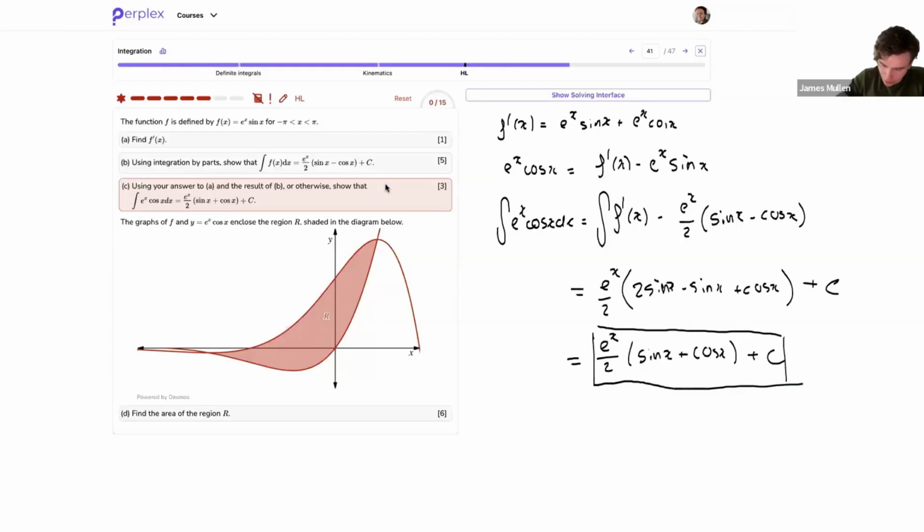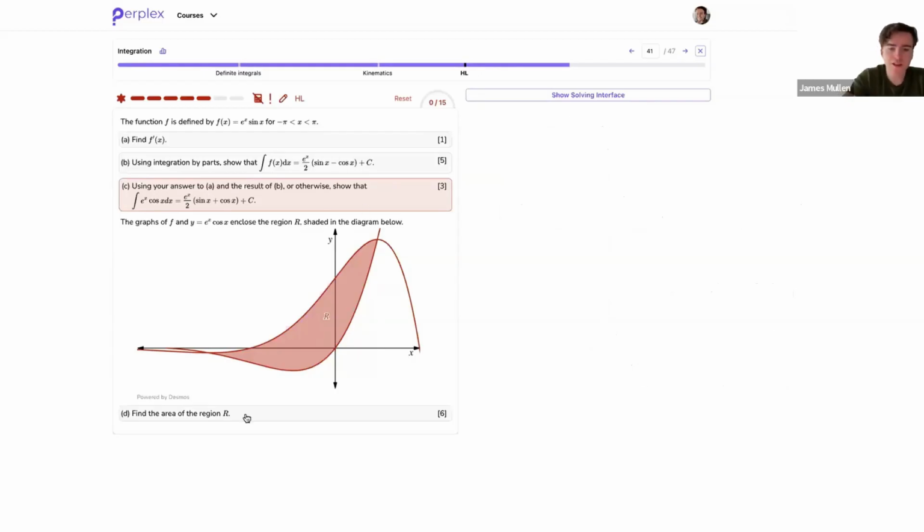Now, using all those results that we found, we're going to answer part D, which is to find the area of the region R enclosed between the function f of x and the line y is equal to e to the x cos of x. So let's first find the intersections. And e to the x sin of x, the function f, is equal to e to the x cos of x. All right, e to the x is never equal to 0, so I can cancel it.